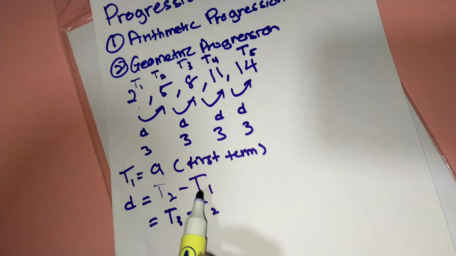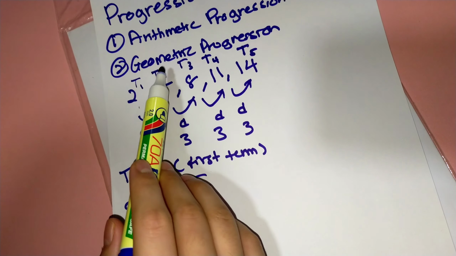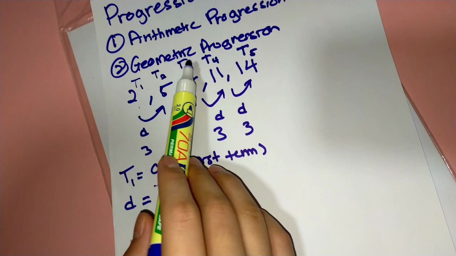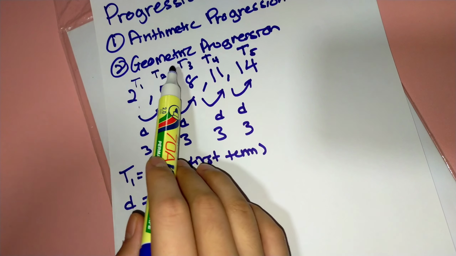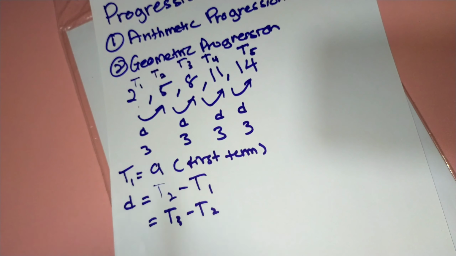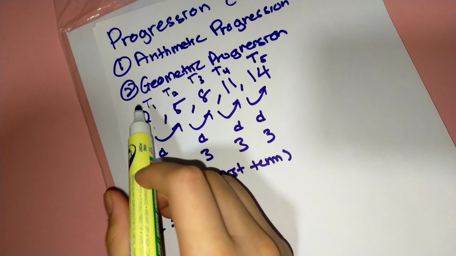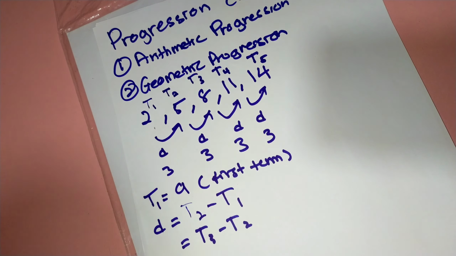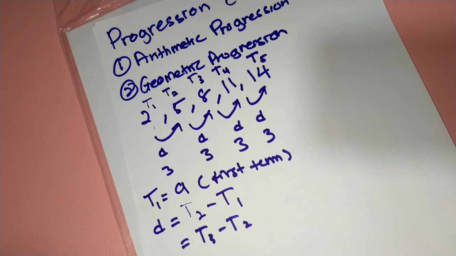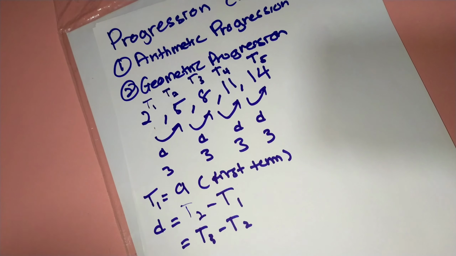So you will get the result like this: T2 minus T1, T3 minus T2, or T4 minus T3, or T5 minus T4. So you cannot do it like T1 minus T2. It will not give us the same differences.